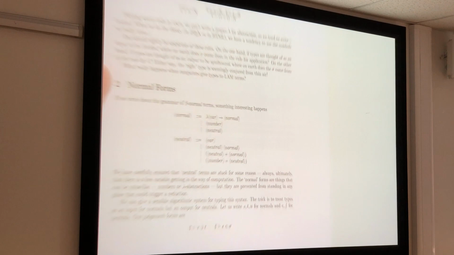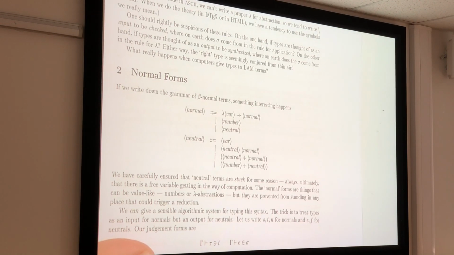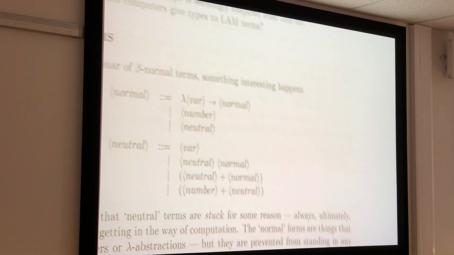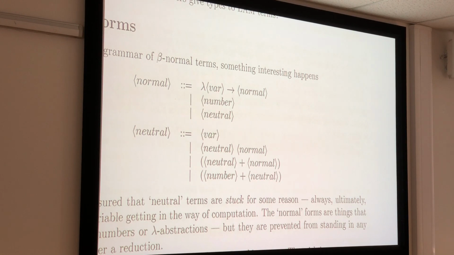Here's a grammar for you. The thing about this grammar is it's designed to ensure that the only lambda terms you can write down are lambda terms that cannot possibly do any computation. That's to say, this is the grammar of normal forms.